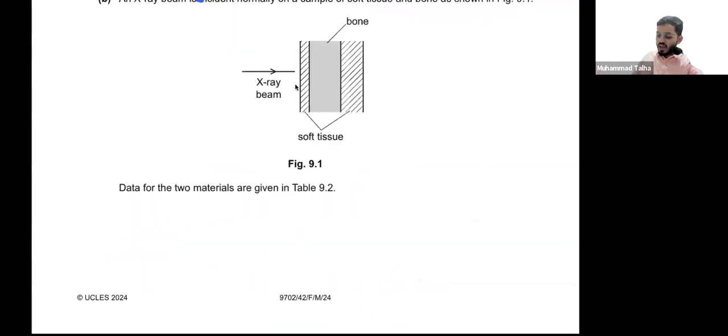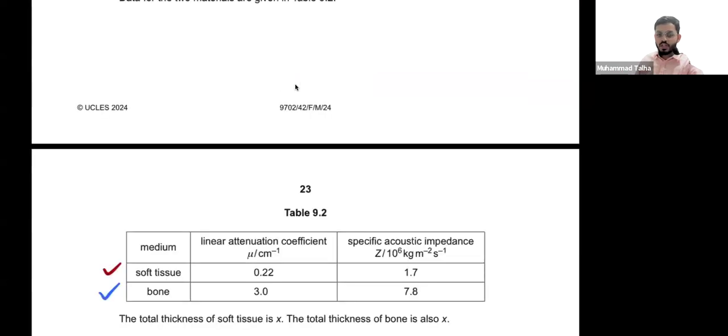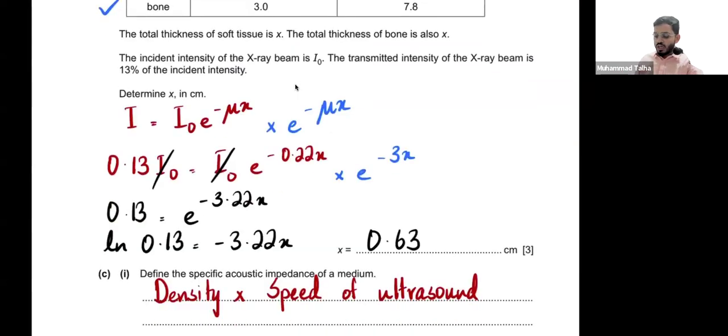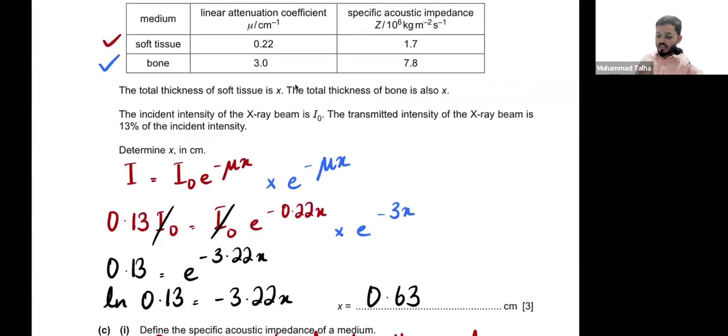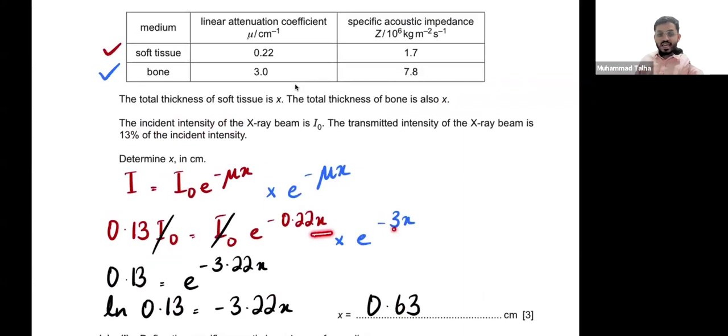So, for example, if you had bone first and then soft tissue and then bone and then soft tissue, that would also not make a difference as long as the total lengths are the same. We've also covered this in a recent past paper video. So you just multiply both of these e values together. Both of these have the same thickness X.